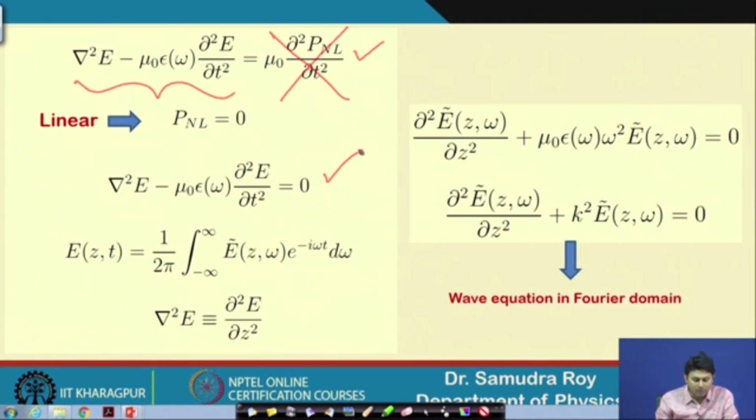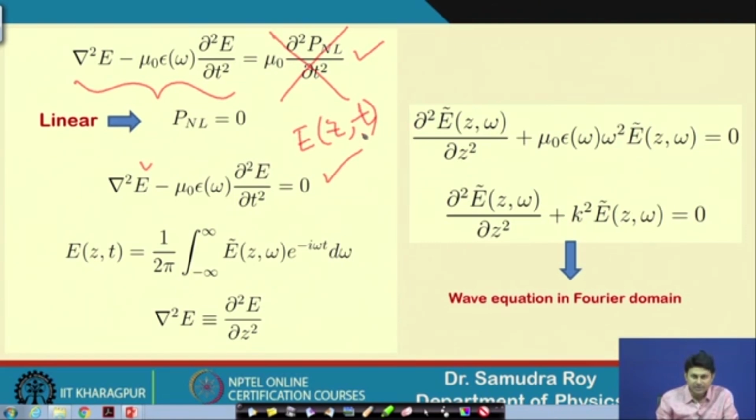Now, if I want to solve this kind of differential equation, one very standard way is to make this equation in the frequency domain. Here E is the electric field, but this electric field is in the time domain, so it should be a function of z and t.